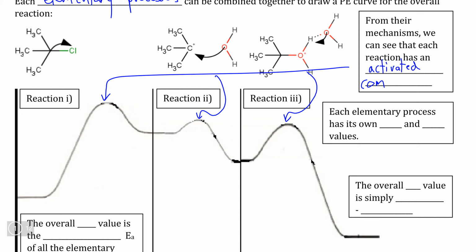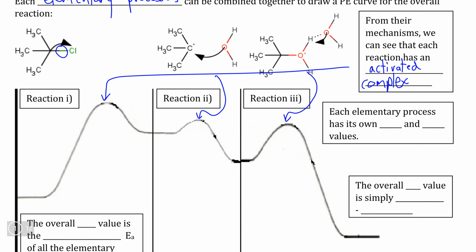Remember that an activated complex is the unstable structure that is formed when the reactants collide with each other. In the first case, the activated complex is a little bit weird because this is effectively a decomposition reaction, but the activated complex here would be where the bond is in the process of breaking in order to give us our products.